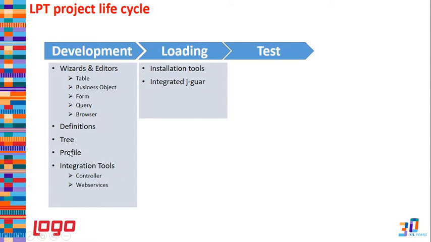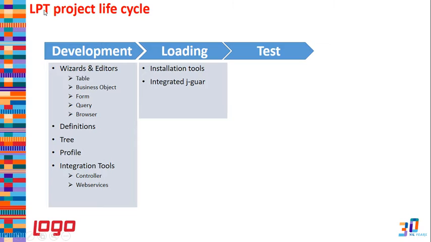This is our LPT project lifecycle. In this project lifecycle, it is shown how we are going to proceed with the development of our project. The first step is the installation, and we will install the LPT environment in our Eclipse platform, and then we will come to the development.